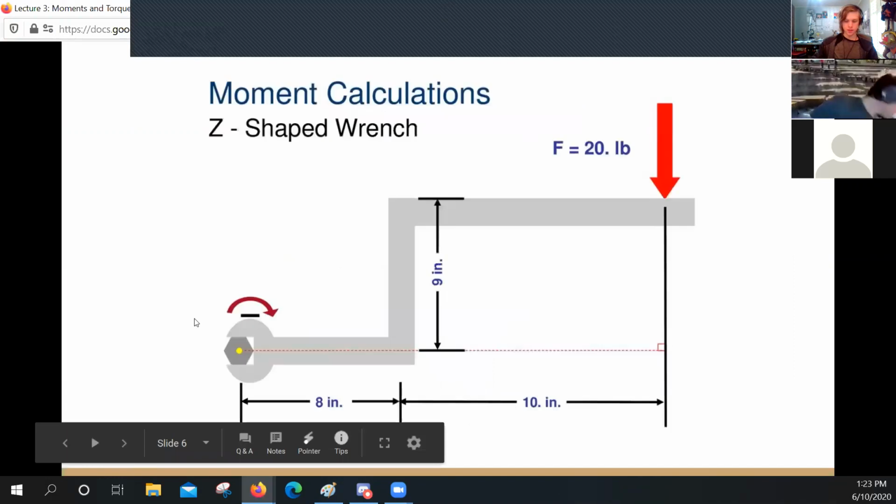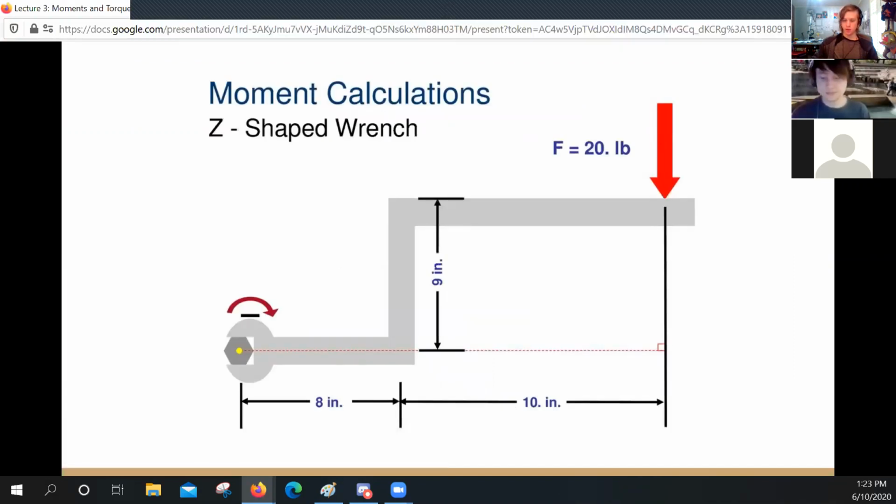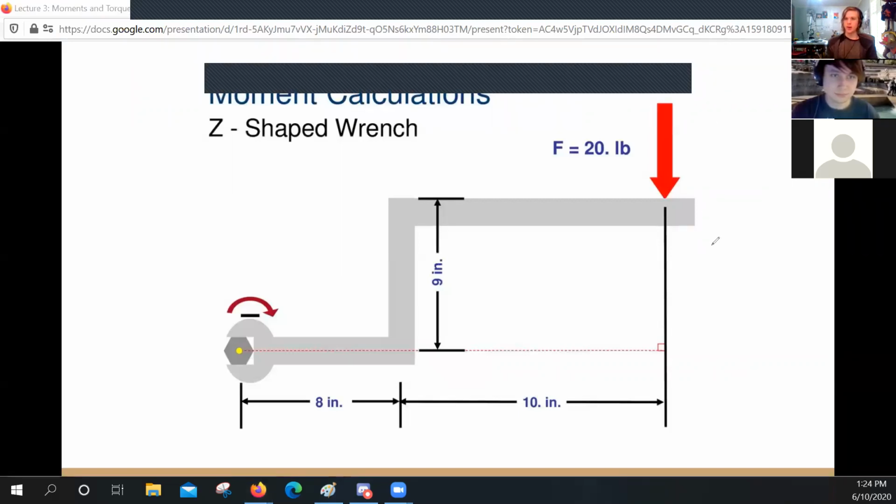So now we're going to do a different example. If you want, you can go ahead and write this down real quick. I am going to redraw it though. Actually, I think I can draw on here, can't I? Yeah, I can. Annotate. Nice. Okay. So this is another problem.